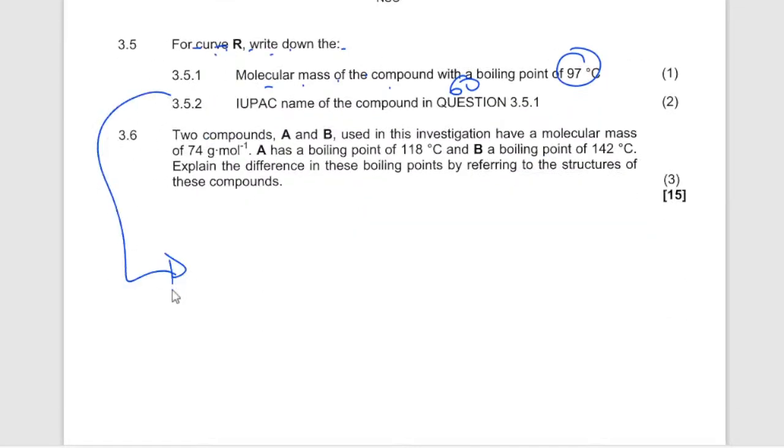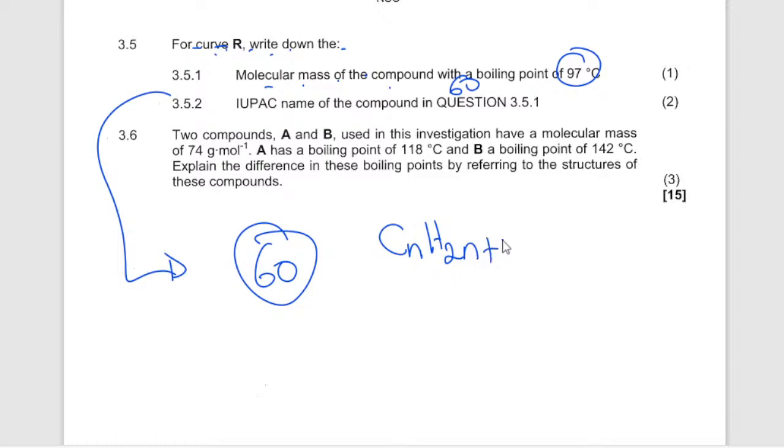Basically here, you need to find out which alcohol has a molecular mass of 60. That's all. It's easy to calculate. How do you calculate? You can use the formula CnH2n+1OH.